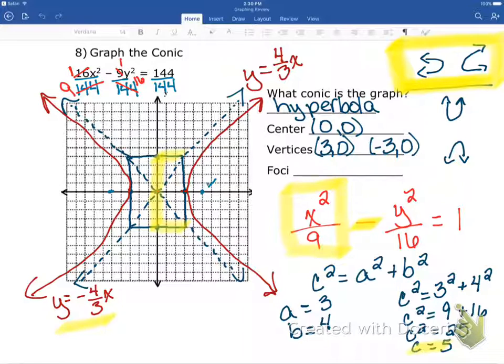So this point right here is one of our foci, and here is the other focus. So those points are 5, 0 and negative 5, 0. Your foci are always on the same axis as your vertices. That is on your transverse axis. So here you go, and this is how you graph this hyperbola.